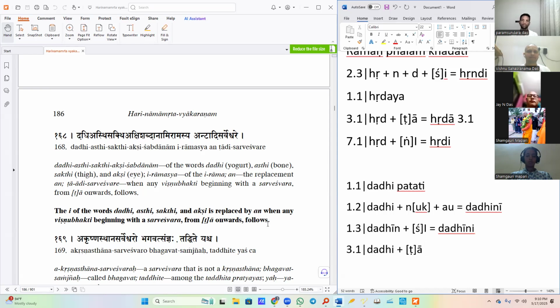Because we also have Vishnu Bhakti beginning with Sarveshwara, like Shas, Au, it says 3.1 onwards, ta onwards. So by this rule, the E of Dadhi gets replaced by an.